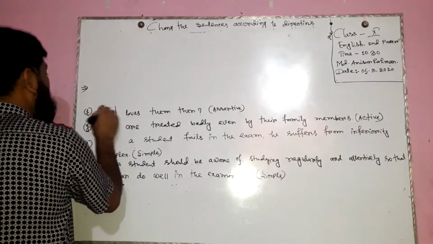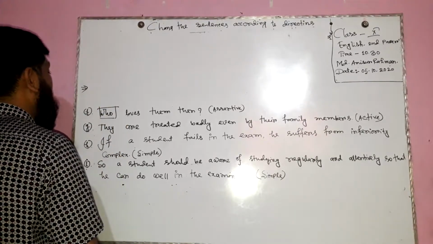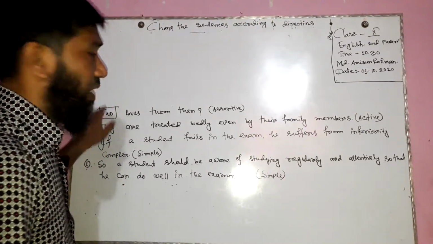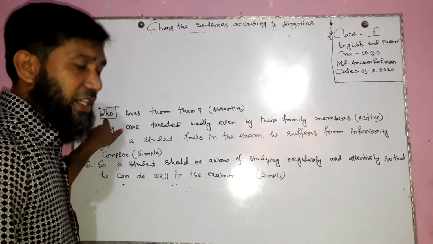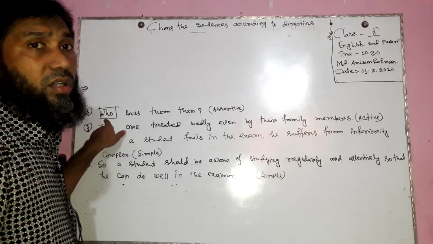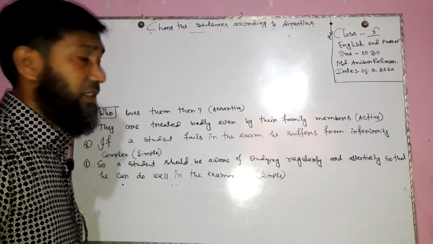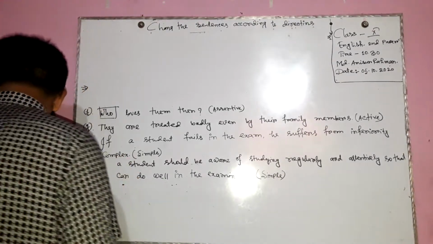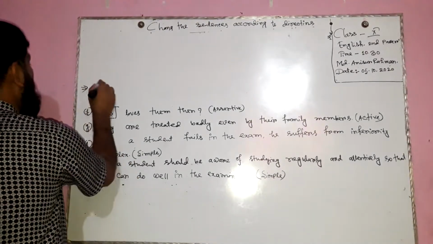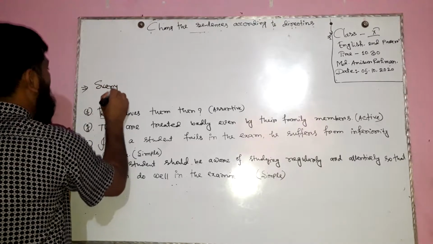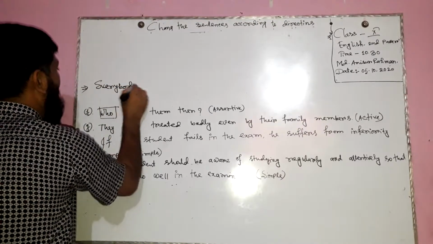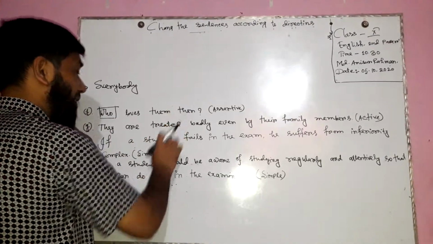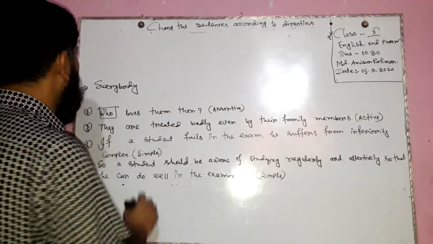If any sentence contains "who", when we turn this sentence into assertive, for the alternative of "who" we will use "everybody" in this position. Here "who loves them" becomes "everybody".